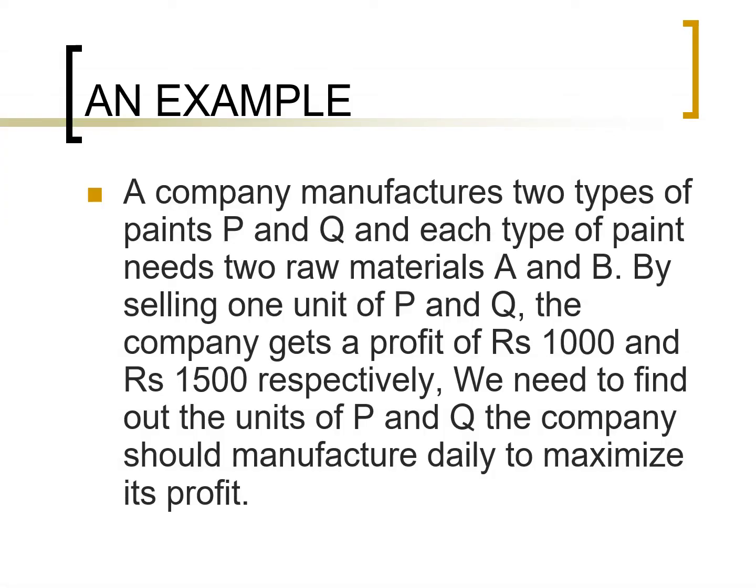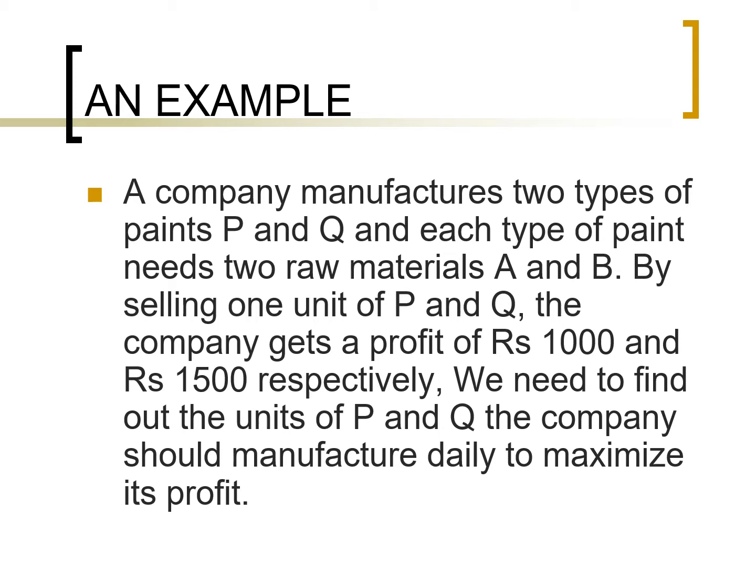There is a company which manufactures two types of paints, P and Q, and each type of paint needs two raw materials, A and B. Every unit of P is sold for 1,000 rupees, and every unit of Q is sold for 1,500 rupees. There is a cap on the availability of A and B, or the number of units of A and B available to us per day.